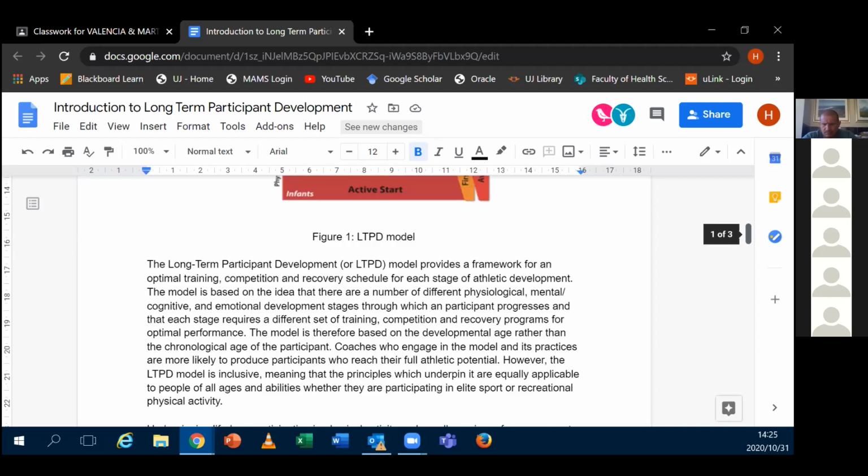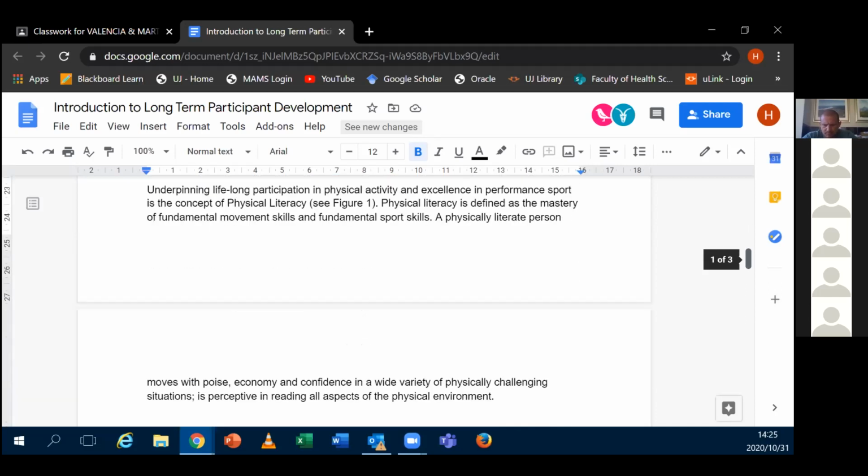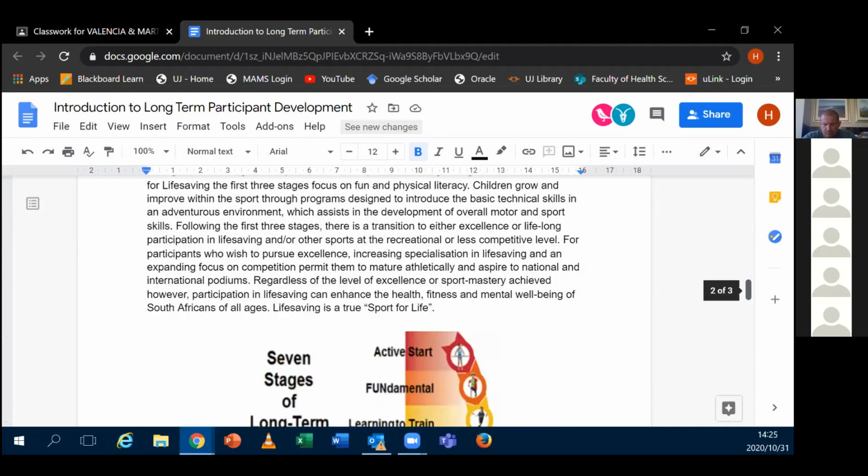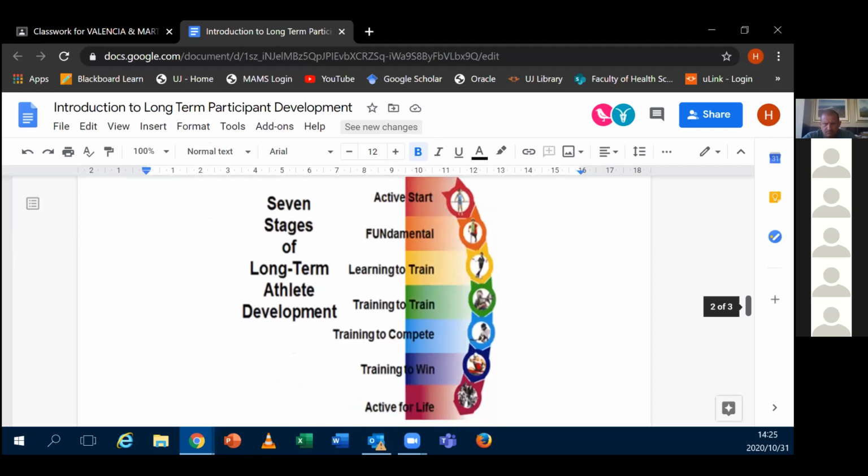Okay, so I've given you quite a bit of definitions around physical literacy and all of that kind of thing. And then from that model, this is where you get the 7 stages of long-term athlete development. Now, this was taken from Istvan Balyi. And when you have a look at the LSA LTPD document, you will see we've got 8 stages, but it's long-term participant development.